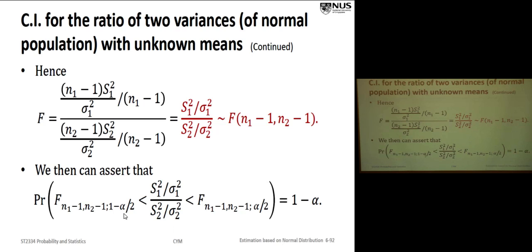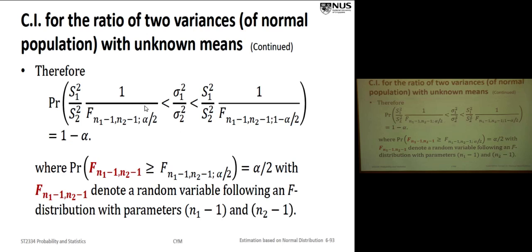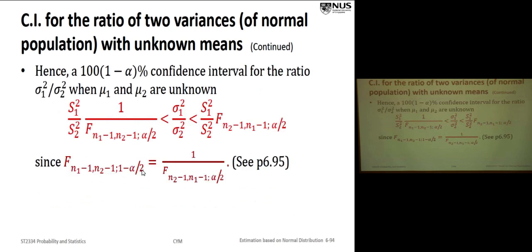That's why you have this one here, and the 1 over values come from having to compute the reciprocals. And so that's the confidence interval for the ratio of the variances for Gaussian populations when you do not know the means. So this is the lower value and this is the upper value, where these quantile values have been interpreted already.